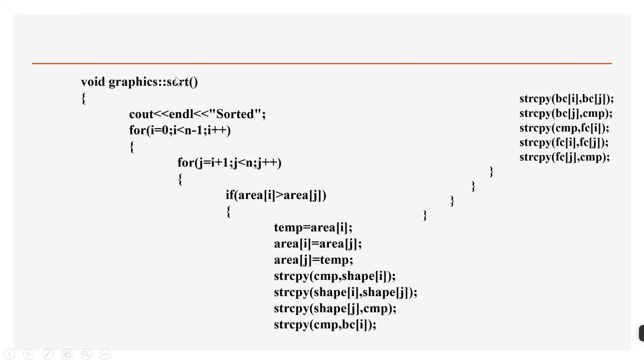Now coming to sorting. I'm using a simple sorting algorithm here: i from 0 to n minus 1, j from i plus 1 to n. It's a simple sort. I'm sorting based on area. If area of i is greater than area of j, I'm swapping the area of i and j, then swapping the shape.